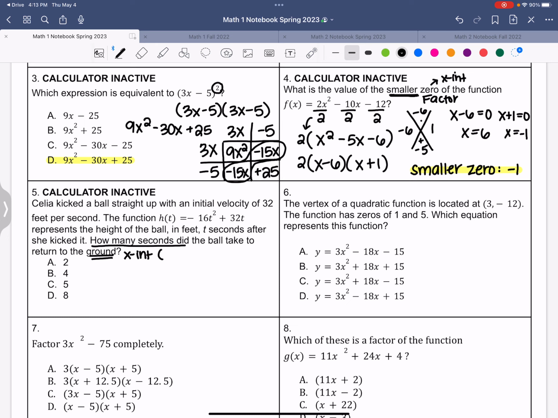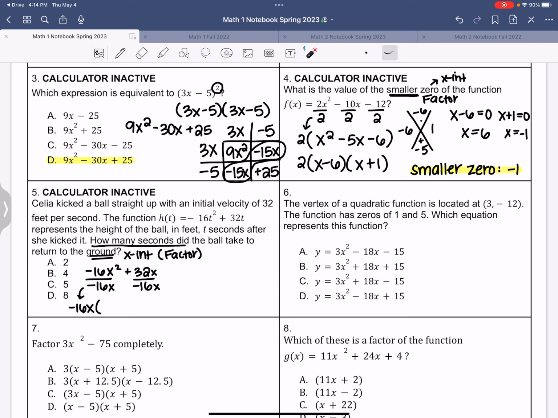And so to do that, we need to factor. Right, so let's see, negative 16. I'm going to change these to x's just for the sake of keeping things consistent. And both of these are divisible by negative 16. And they both have an x. So we can pull that out as well. So negative 16x, then in parentheses, we're going to divide.